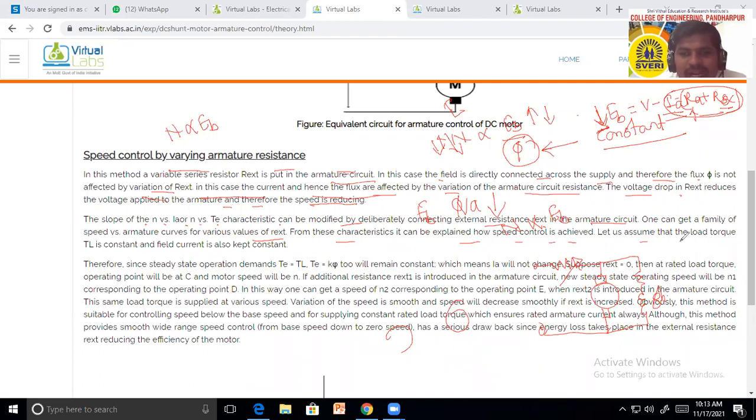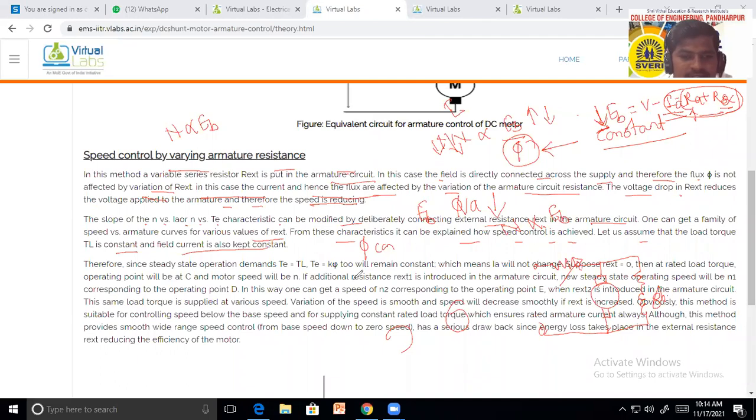Let us assume that the load torque TL is constant. Load is constant, as well as field current is also constant. That means phi is constant. Since in steady state operation, T equals TL, that is electromagnetic torque equals load torque.